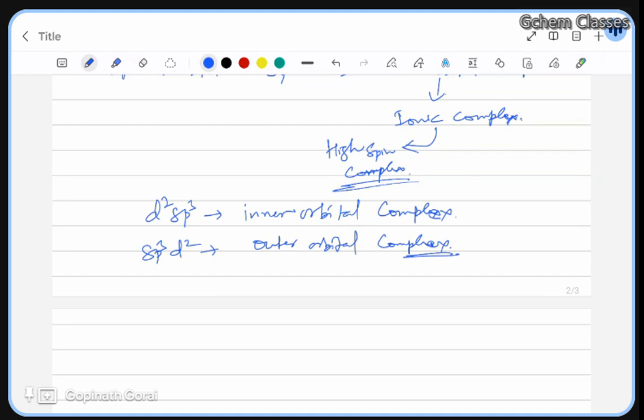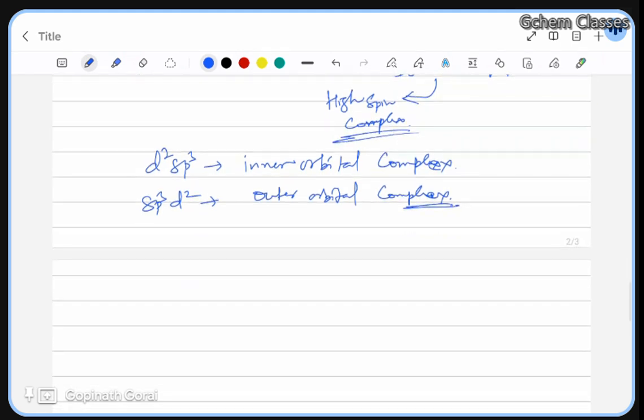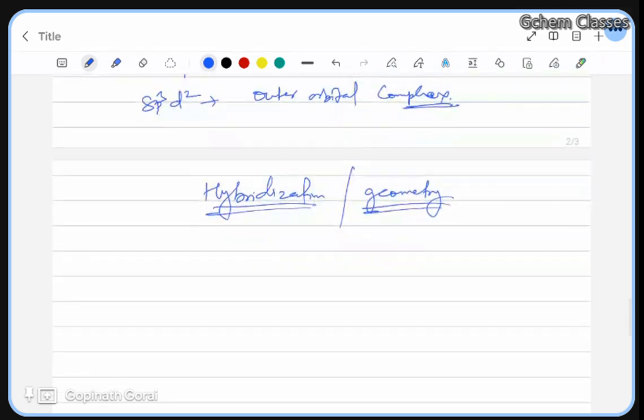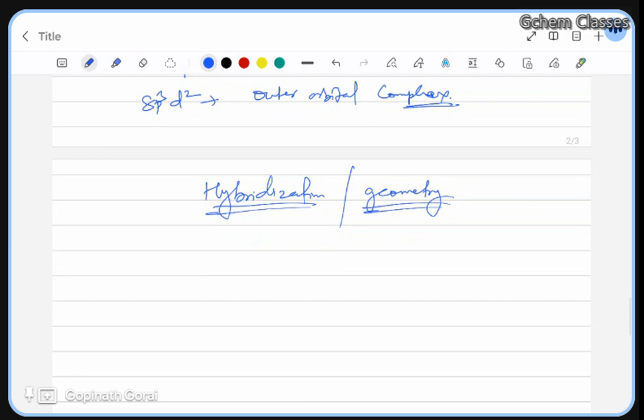VBT is used to find the hybridization as well as the geometry of the complex. As I told you, we are dealing only with hybridization and geometry here in VBT. For doing problems, always remember that when carbonyl or cyano is there, it will be a strong field ligand.